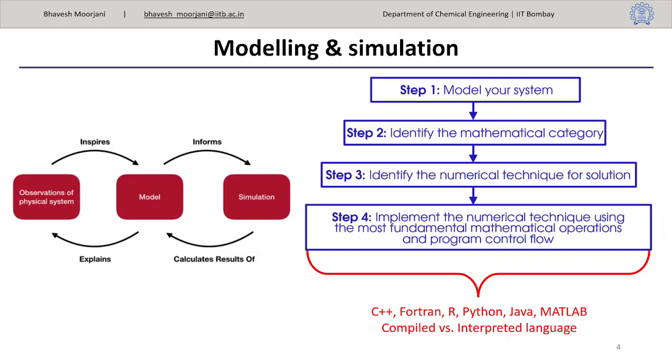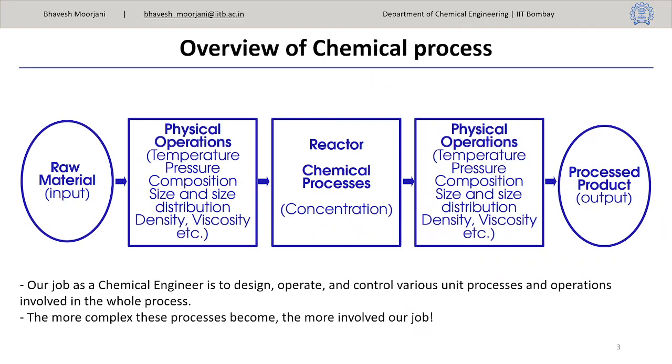When we talk about modeling and simulation, you remember I had told you at that time also that this is something we do every day. It's not specifically related to chemical engineering problems only.